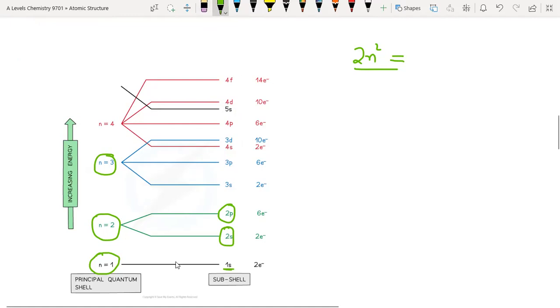It means the first subshell 1s would be at lowest energy, then 2s and 2p, belonging to shell number 2, are at second and third position in energy order, then 3s, 3p, then 4s. 4s has come earlier than 3d.